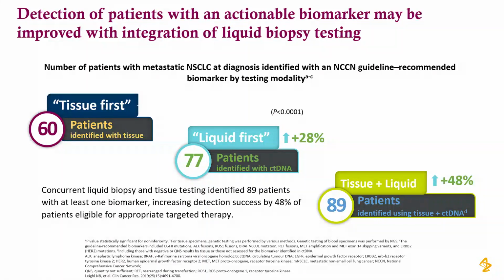It will increase to 77%. When we combine both the tissue and liquid biopsy, that is actually recommended. Even in guidelines, both are complementary, and it will increase the detection rate again to 89%. So that more patients we can subject to targeted therapy so that they can benefit in overall survival. Next slide, please.